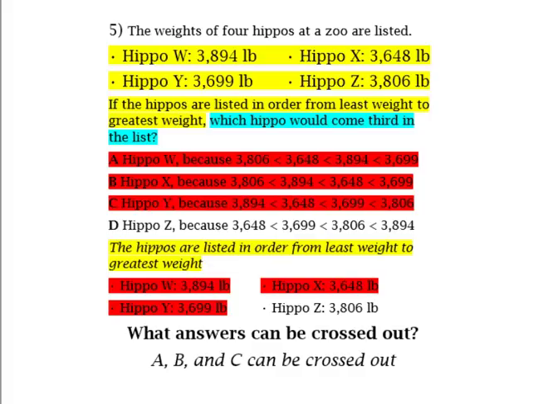For C, it says Hippo Y because, and it starts with 3,894. Well, we've already determined that 3,894 is the greatest weight, but we are listing the hippos from the least weight to the greatest weight, so 3,894 should be at the end of the list, not at the beginning. And that is why we crossed out answer choice C.